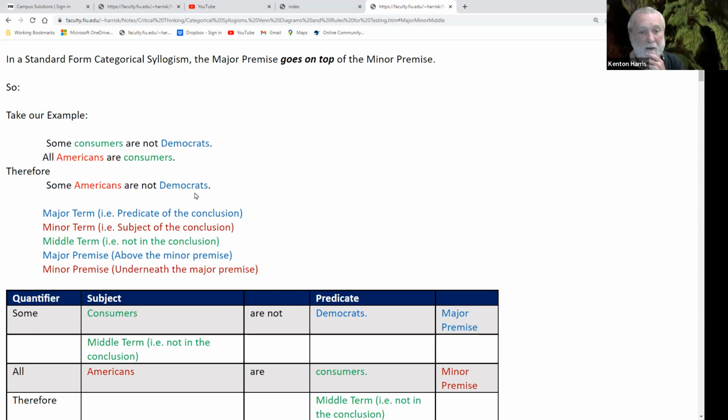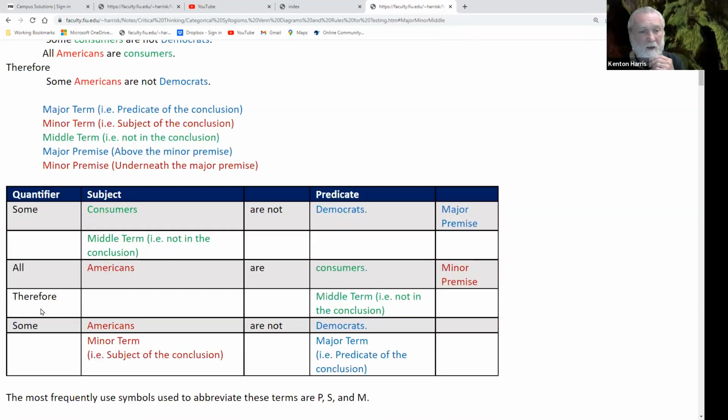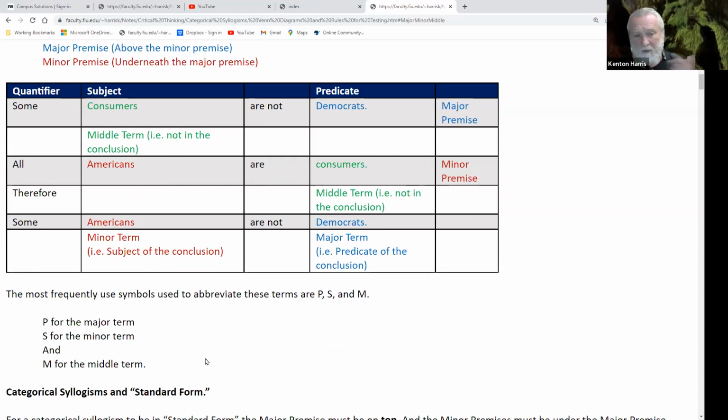Democrats is the major term because it's the predicate of the conclusion. And Americans is the subject of the conclusion, so that's the minor term, right? And so we have some consumers are not Democrats, that's our major premise. All Americans are consumers, that's the minor premise. Some Americans are not Democrats, that's the conclusion. And there we go.